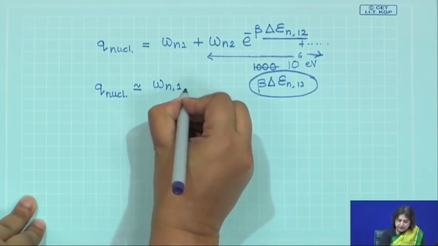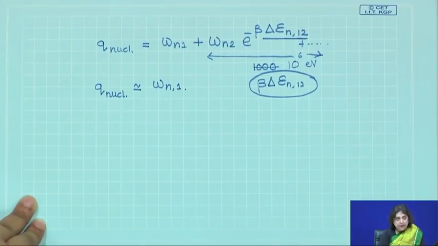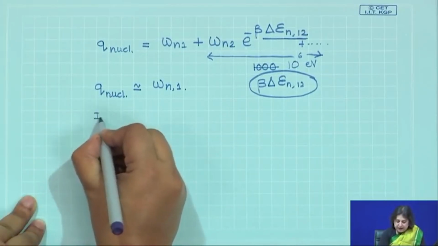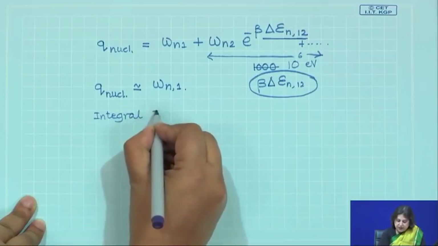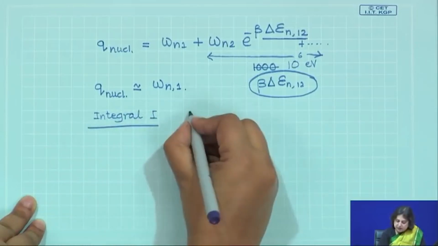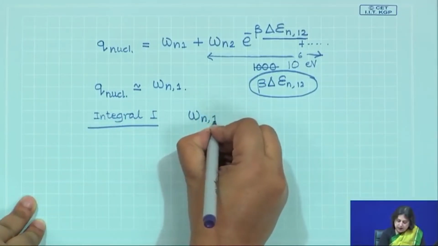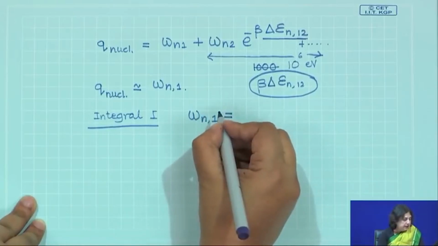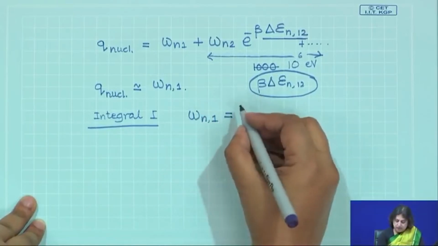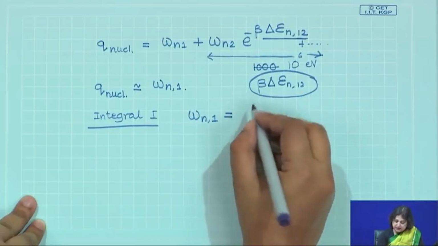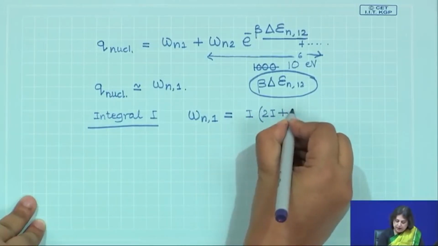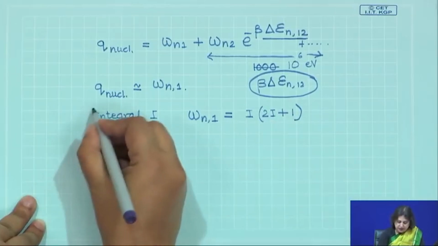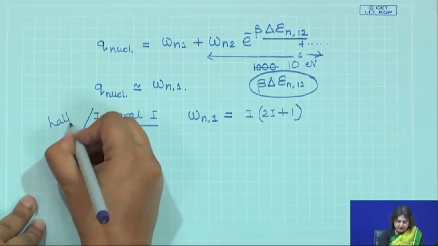W n 1. Now, if I have an integral nuclear spin I, then what is W n 1? W n 1 is given by I into 2I plus 1 for integral or half integral.